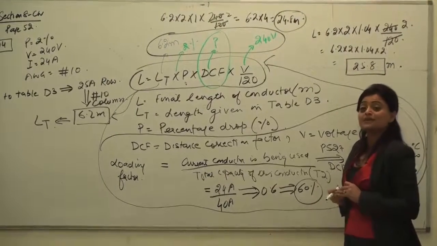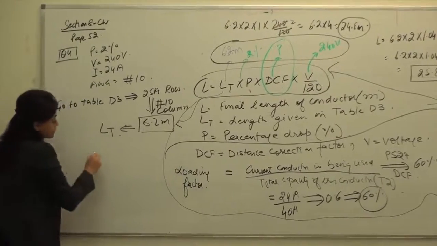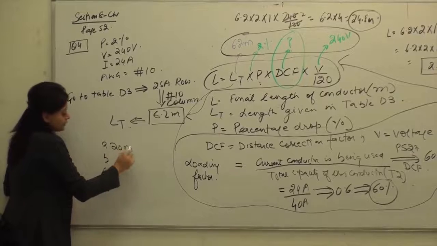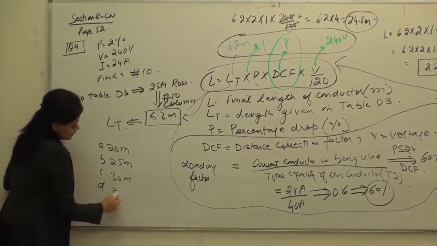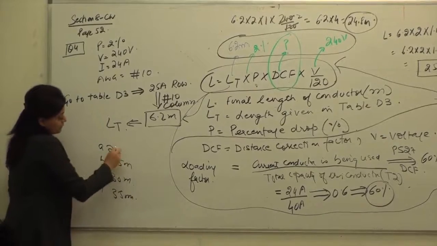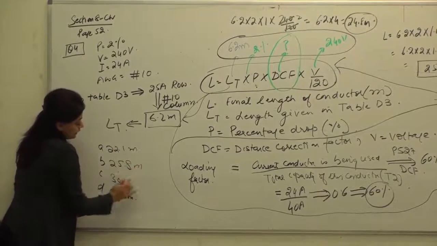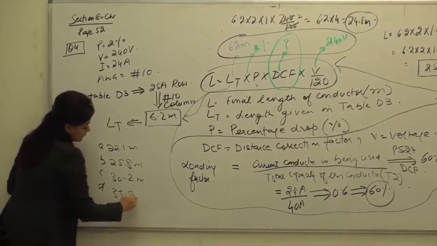So out of the ABCD choices in your exam, your choices usually are quite far apart. Your choices would be 20 meters, 25 meters, 30 meters, or 35 meters. Or it might look like 22.1 meter, 25.8 meter, 30.2 meter, and 35.7 meter, for example.